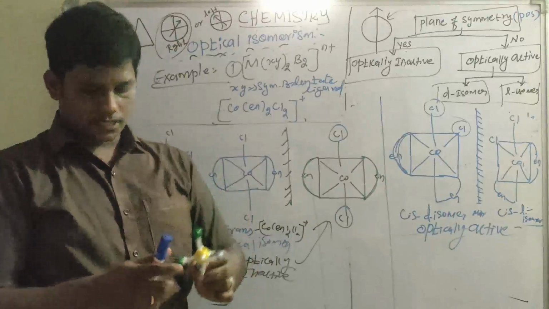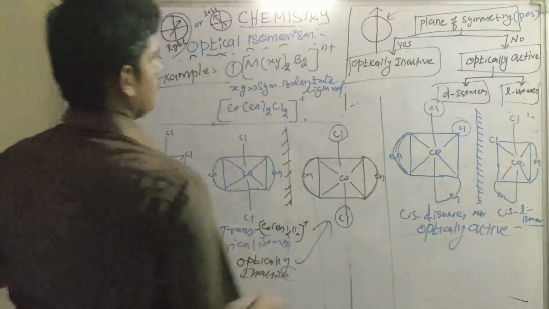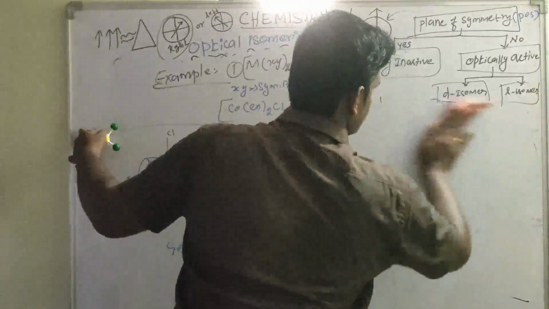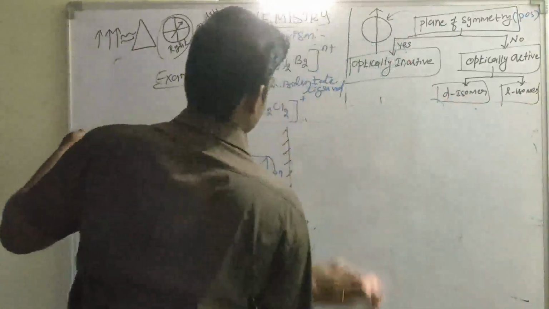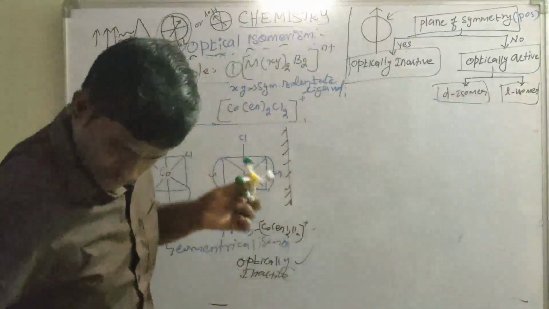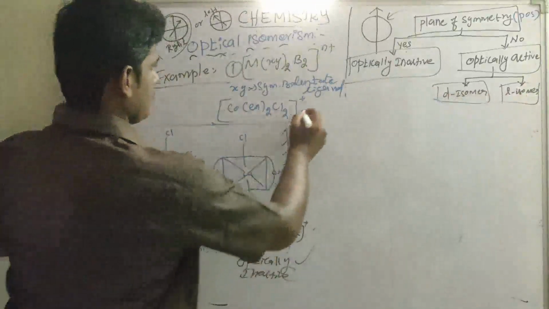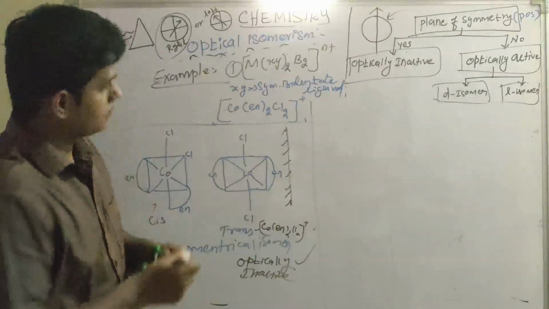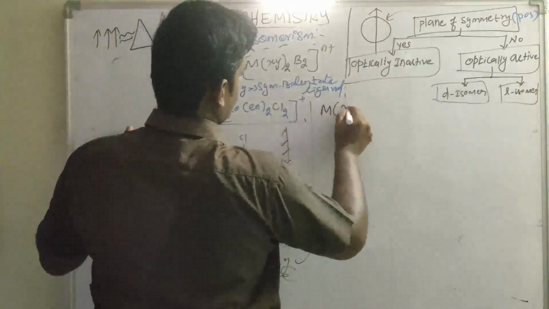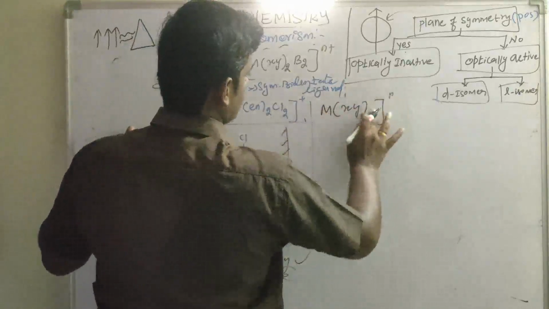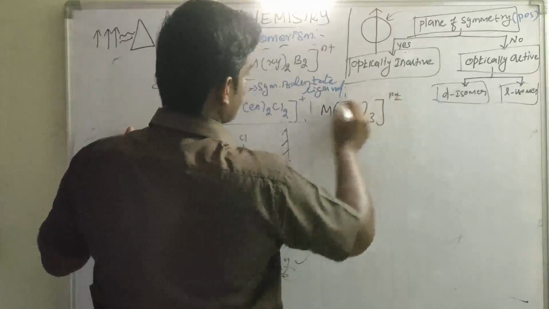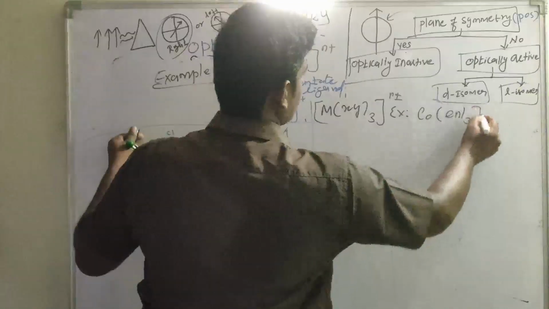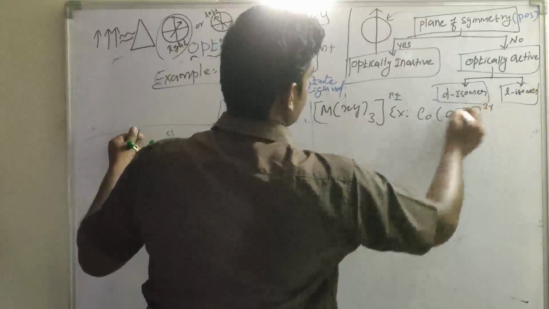Another compound we will discuss is M(XY)3 plus or minus. An example is cobalt en thrice, 3 plus.